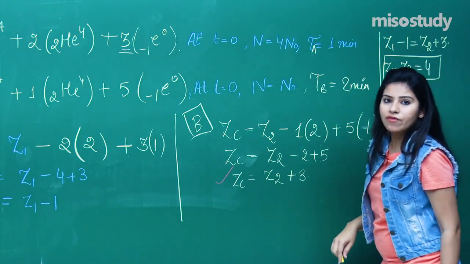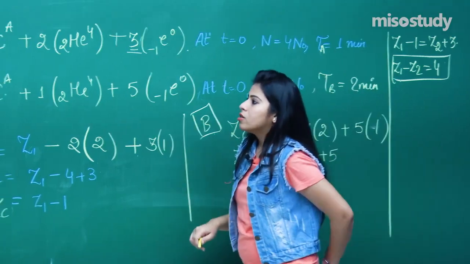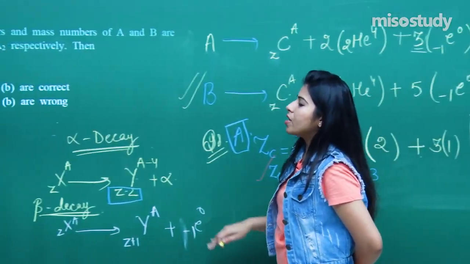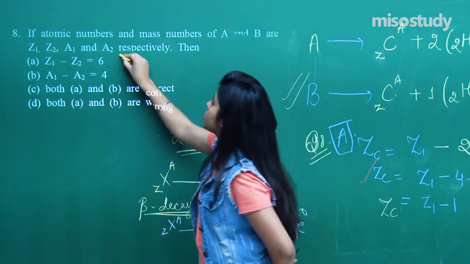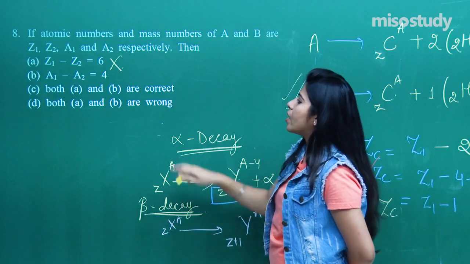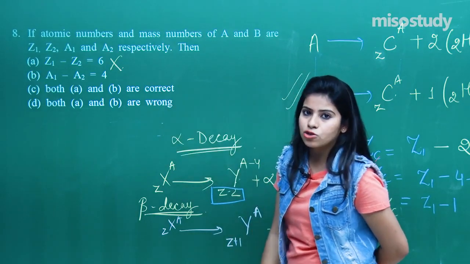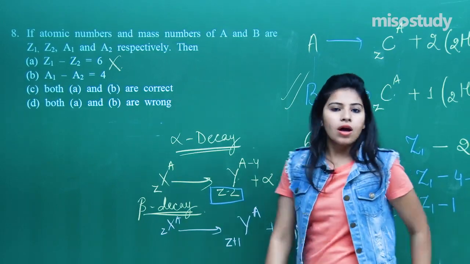Now let us verify from the options whether this is the correct answer or not. Okay, we have been given Z1 minus Z2 equals 6. So this is not the correct answer. Now let me verify for A1 minus A2.